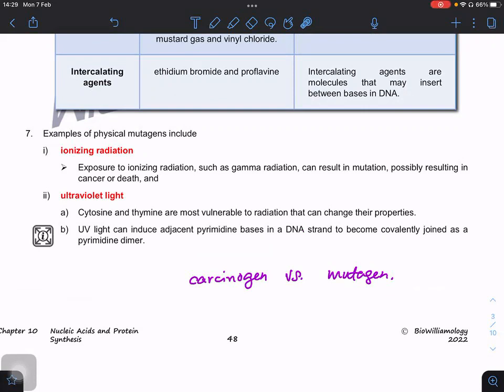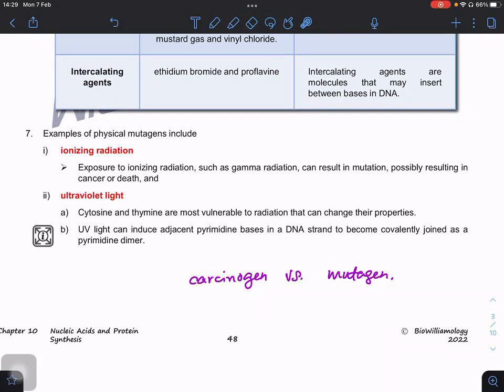Okay, but some agents only cause cancer. They don't cause mutation. They are there to make your cells multiply faster, but they don't have any effect on your DNA. So this kind of agent is termed a carcinogen. Are you clear?